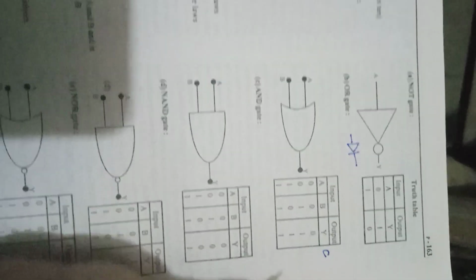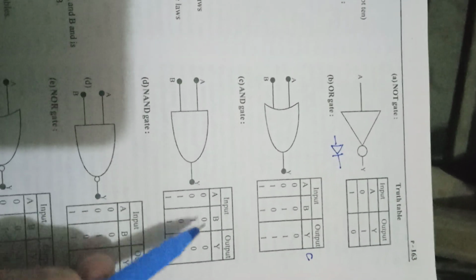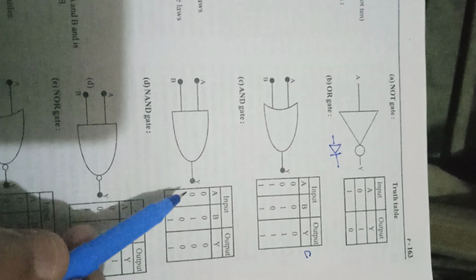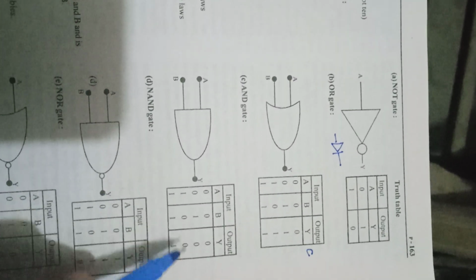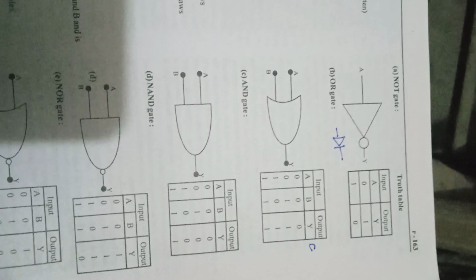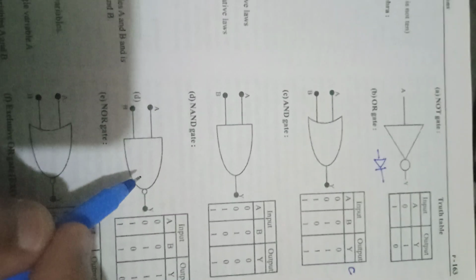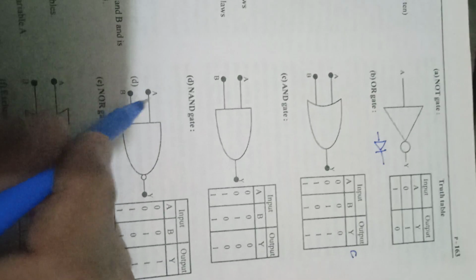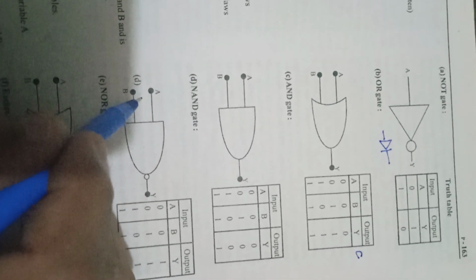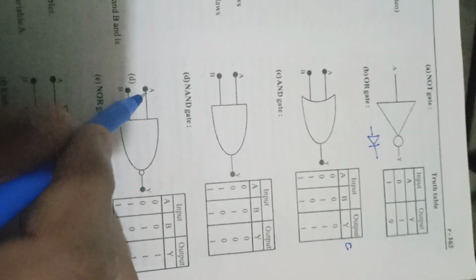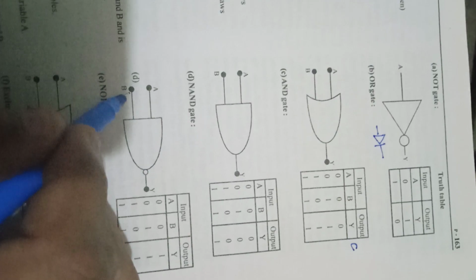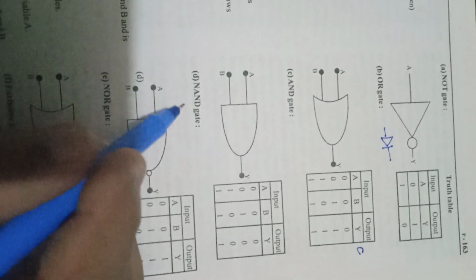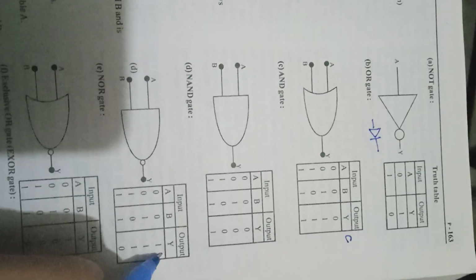For the AND case, it is very simple. 0 into 0 is 0, 0 into 1 is 0, 1 into 0 is 0, and 1 into 1 is 1. Okay, NAND gate. I told you the NAND gate: you multiply the inputs and take the complement of their multiplication. When you put 0 and 0, 0 multiplied with 0 is 0, and the complement of 0 is 1, so the output is 1.